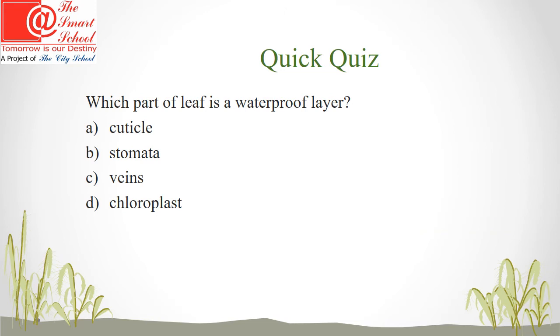A quick quiz based on what we have studied so far. Which part of a leaf is a waterproof layer? Is it the cuticle or the stomata or the veins or is it the chloroplast? The correct answer is cuticle. Cuticle is a part of a leaf which is a waterproof layer.